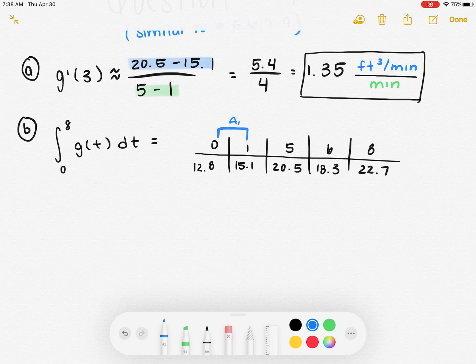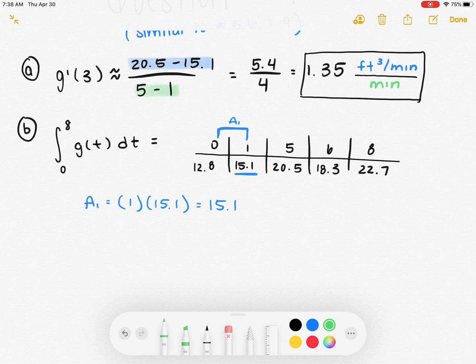And because they said it's a right-hand Riemann sum, I'm going to use the value from the right side. So my first area is going to have a base of 1 because 0 and 1 are 1 apart, and a height of 15.1, which gives me an area of 15.1.